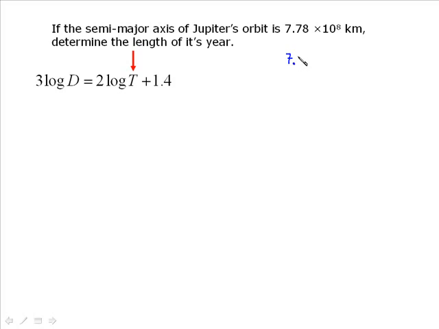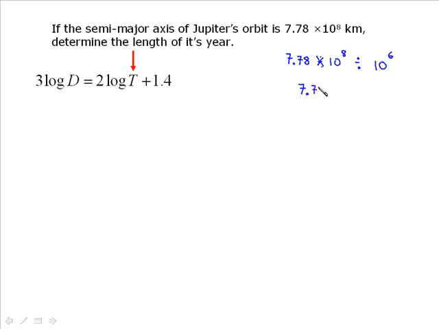Now d, if you take a look at a previous slide, is equal to the semi-major axis, but in millions of kilometers. So we take the 7.78 times 10 to the 8, and to divide by a million, you can either divide by a million, or divide by 10 to the 6. It doesn't really matter. If you just drive that through your calculator, you'll get the right answer.